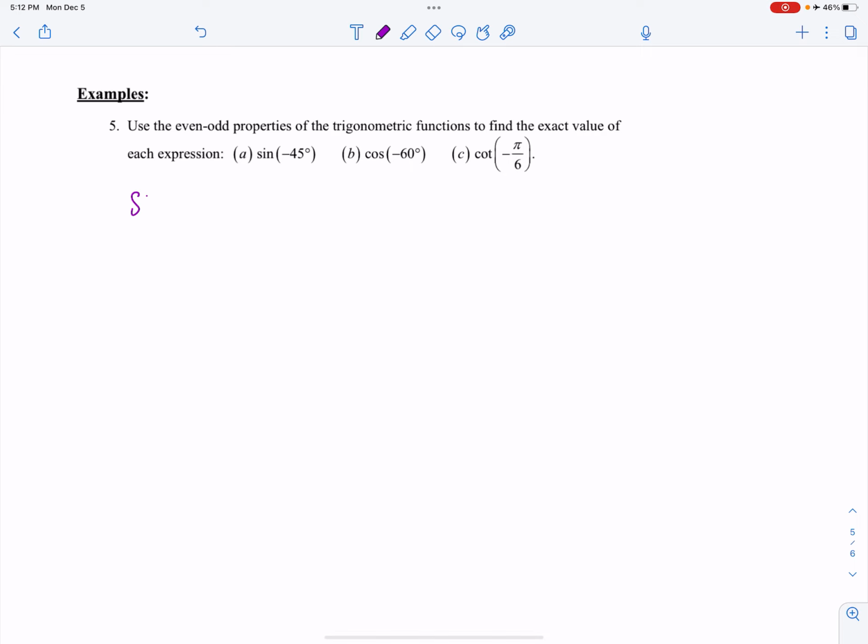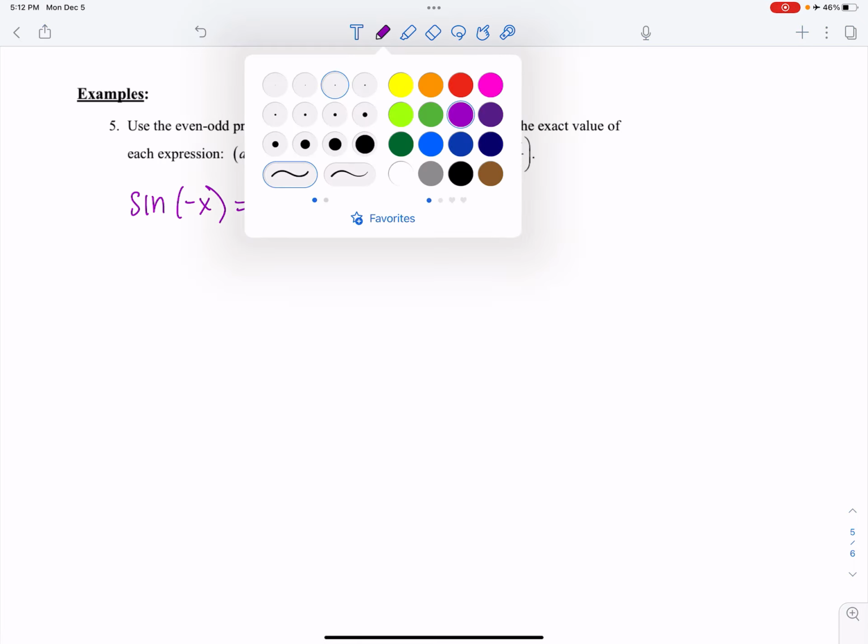So, if we have sine of a negative something, I'll just put an x, then we can use the even-odd properties and say that's the same as negative sine of a positive x. It's really helpful. And then we have a cosine. Well, let's use that property first.